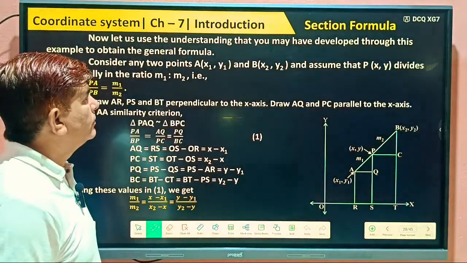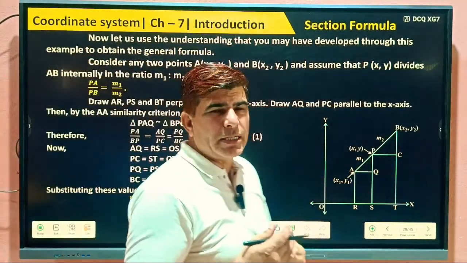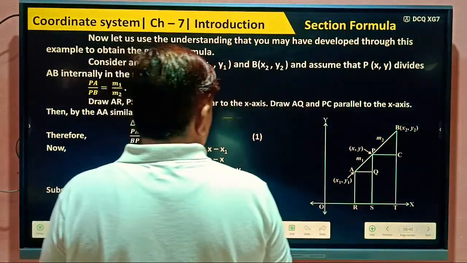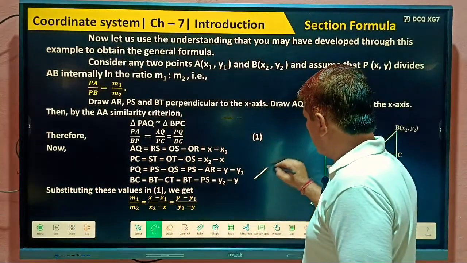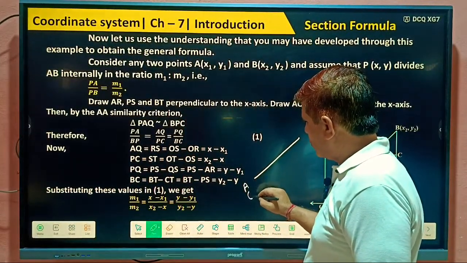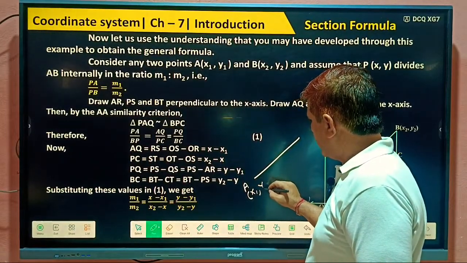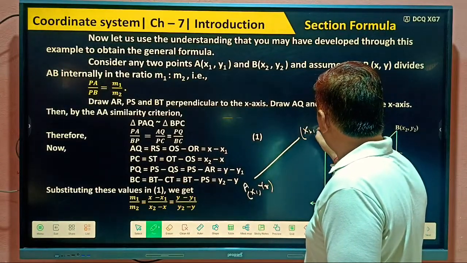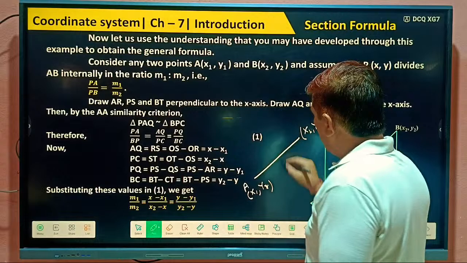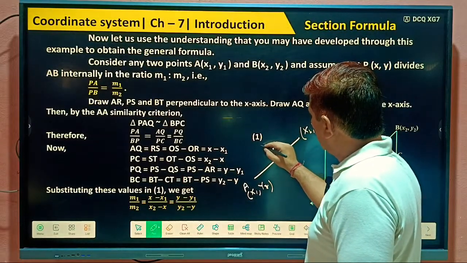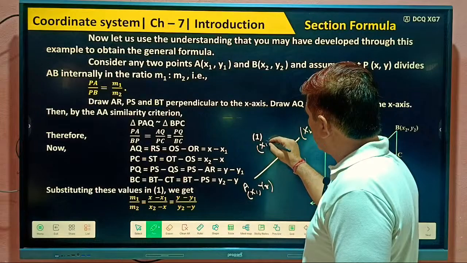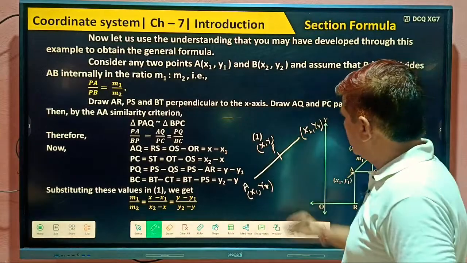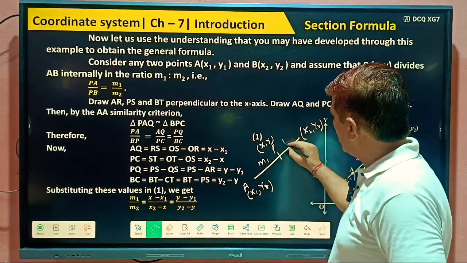Consider the points: A, whose coordinates are x1, y1, and B with coordinates x2, y2. And this is a point P, whose coordinates are x and y, and it divides the line in the ratio m1 by m2.